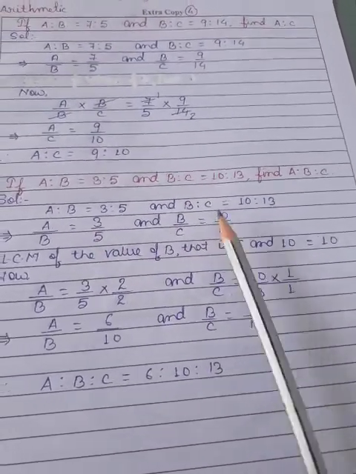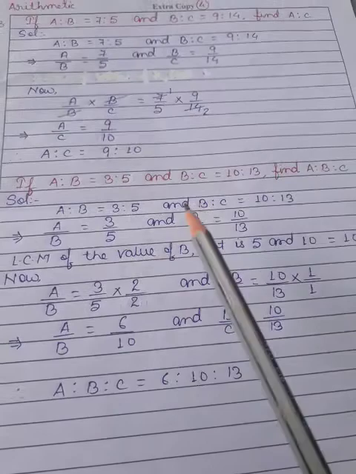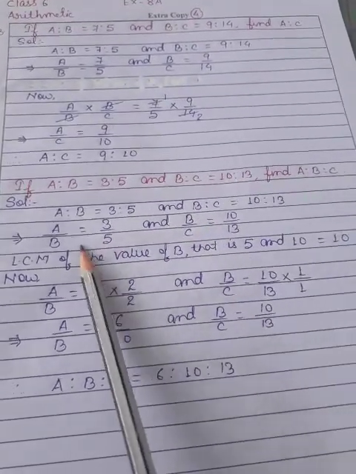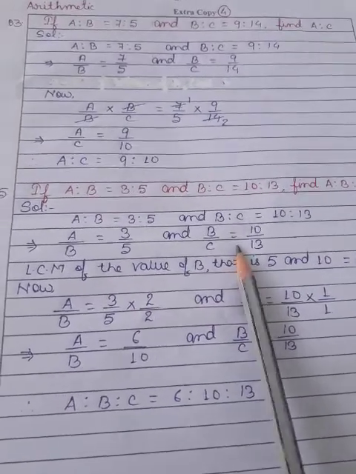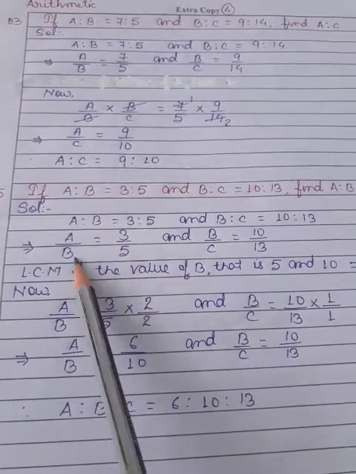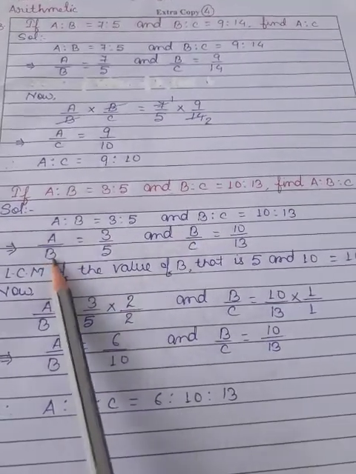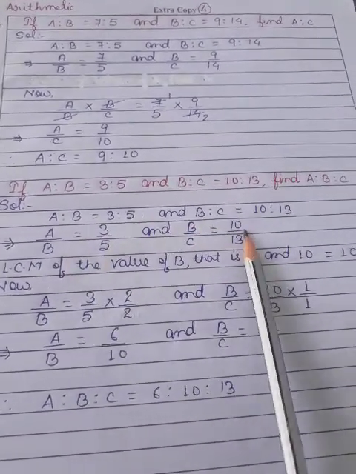Here we will see which alphabet is common between these two ratios. Here we have B and here also we have B, so B is common between these two ratios.